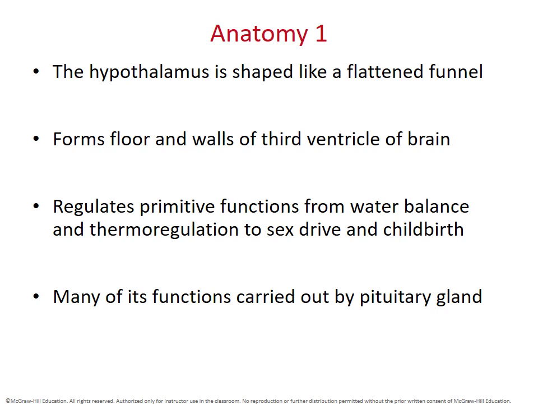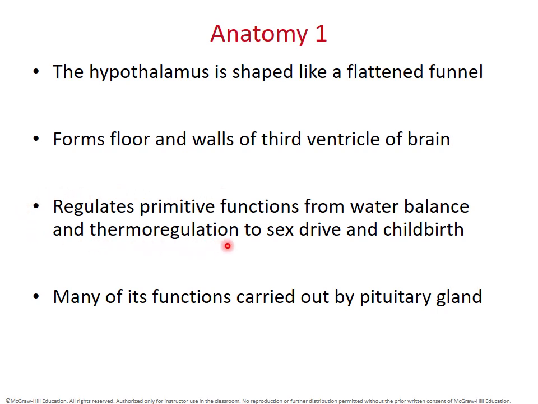So we have to start any discussion of the endocrine system with the hypothalamus. Now, we learn the hypothalamus as a structure of the brain. Remember, it's basically the funnel-shaped floor of the third ventricle located in the diencephalon of the brain. So it's very centrally located. And you may recall from AMP1 that the hypothalamus has a variety of important functions.